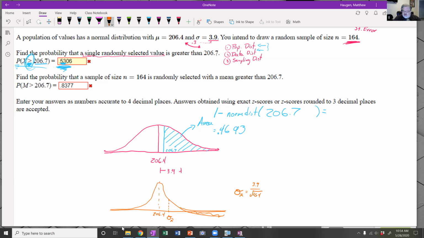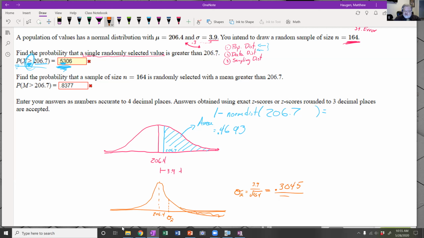So what is 3.9 divided by the square root of 164? 0.3045.